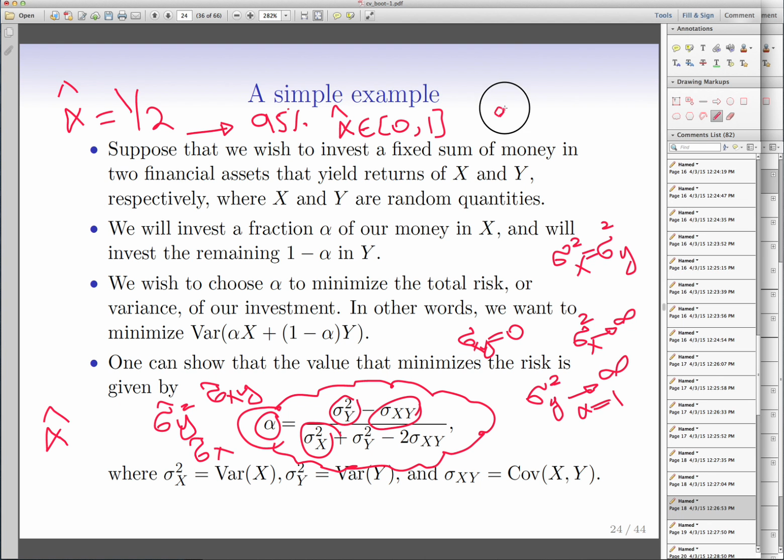But let's say you knew that with 95% confidence, alpha hat belongs to, let's say, 0.49 and 0.51. You would say, okay, that's a very reliable estimate, and I would spend half of my money on x and half of my money on y. But how can we find these confidence intervals or standard errors that we're looking for in this very sophisticated ratio?